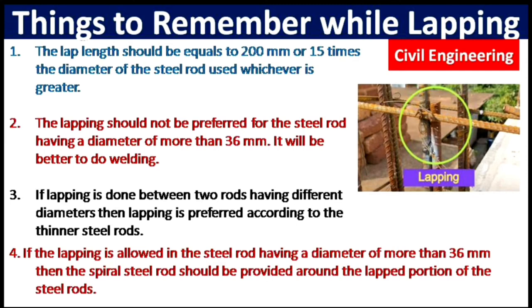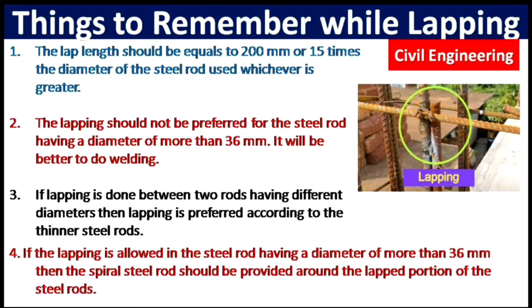Now let us see what things we have to know while lapping the steel rod at site. So let's start. The first point is the lap length should be equal to 200 mm or 15 times the diameter of the steel rod used, whichever is greater.